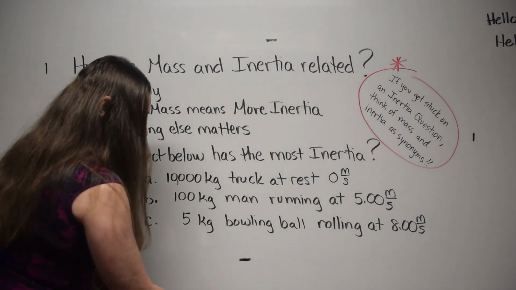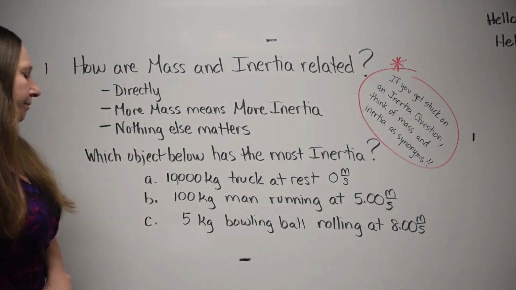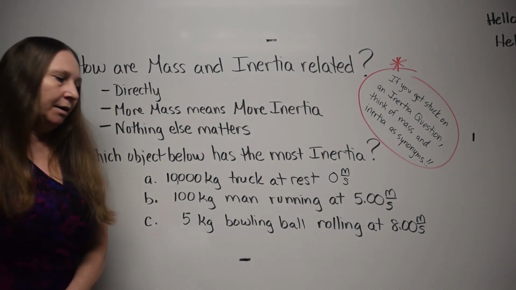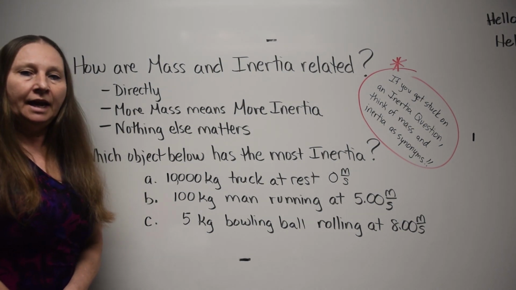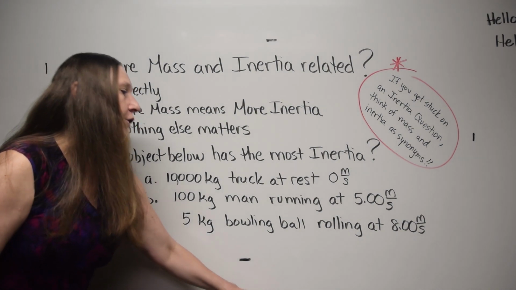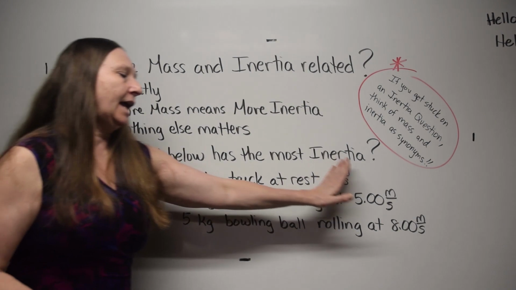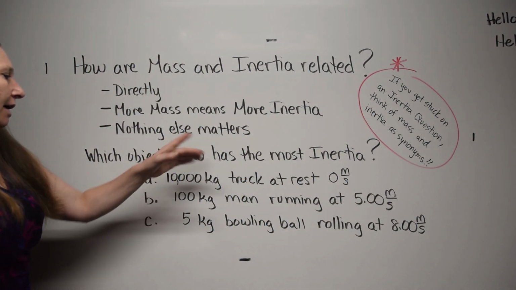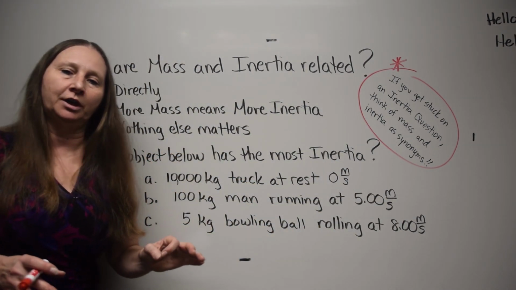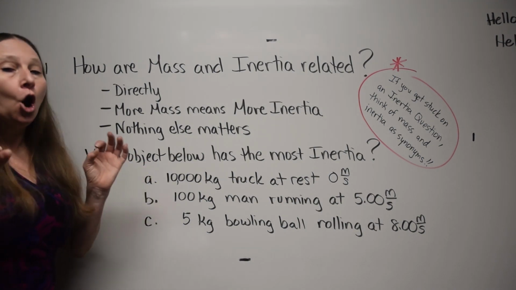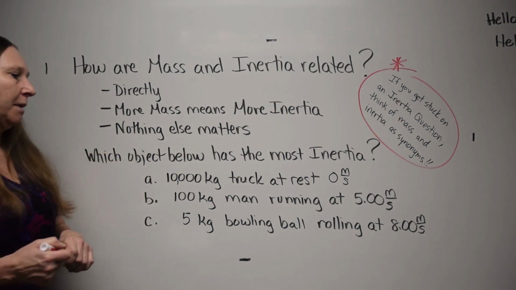You know that. That's what at rest means. Or a 5 kilogram bowling ball rolling at 8 meters per second. Well, you don't want to be looking at any of the velocities to figure out which one has the most inertia. Inertia is based only on an object's mass.